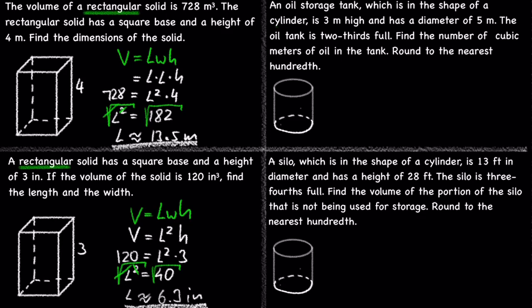An oil storage tank, which is in the shape of a cylinder, is 3 meters high and has a diameter of 5 meters. The oil tank is 2/3 full. Find the number of cubic meters of oil in the tank, round to the nearest hundredth. The volume of a cylinder is the base times the height. The base is pi r squared. The radius is 2.5.